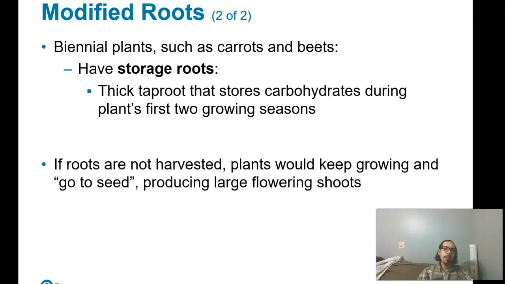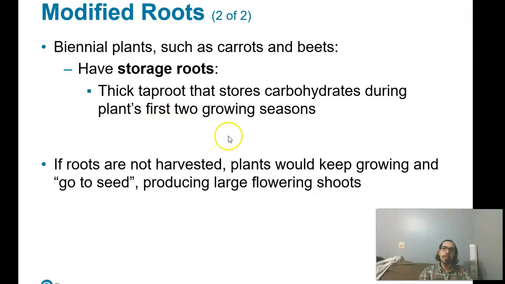Other types of modified roots that you can see are in biennial plants like carrots and beets. These have storage roots where they store a lot of carbohydrates during the plant's first two growing seasons. This is when the plants would be harvested.